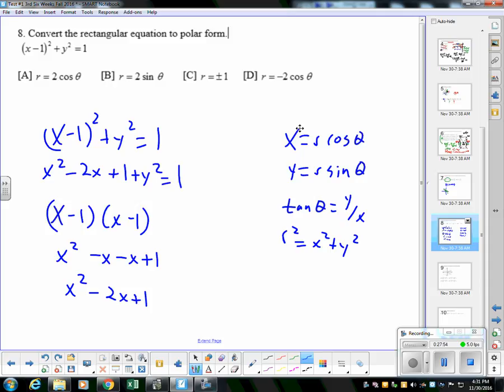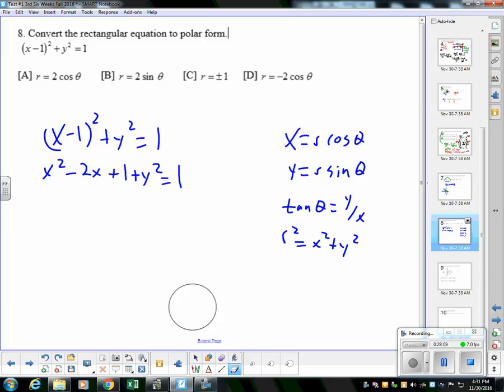Okay, now remember, we have A, B, C, and D as our choices, and I guess from here, you may could try to figure it out. Now, I'm going to erase part of this. If you haven't copied it down, pause this and copy it down. I can rewrite this as x squared plus y squared minus 2x plus 1 is equal to 1.